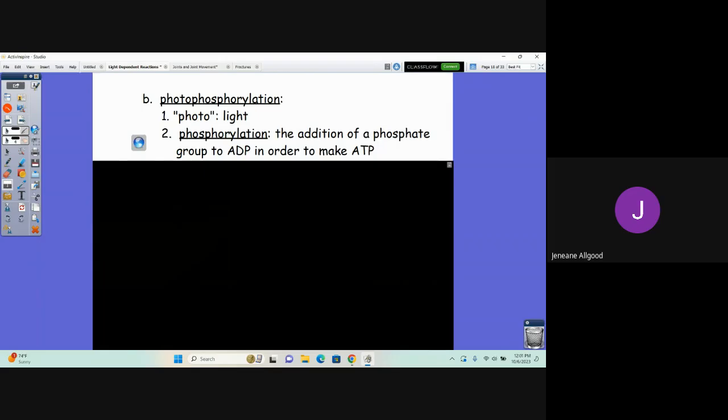Basically, when we're talking about photophosphorylation, we're asking why light is necessary to eventually make ATP. In other words, if I didn't have light, why am I not going to be able to make any ATP? What is light really needed for here?